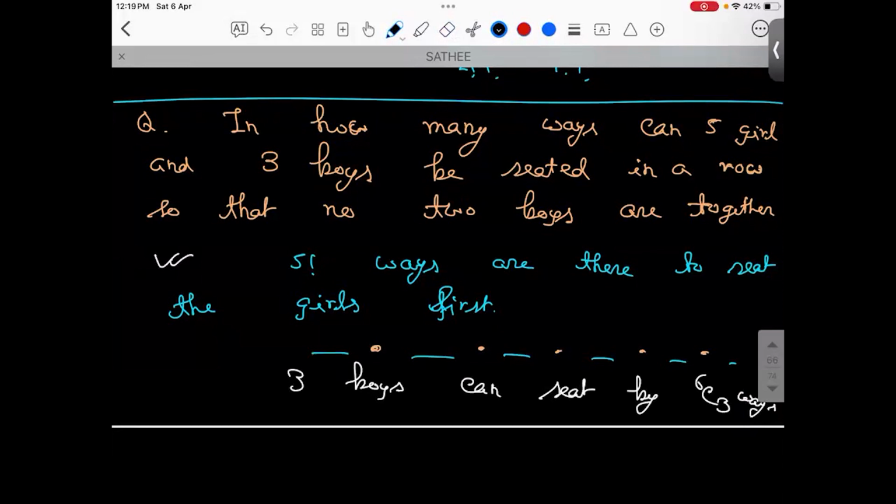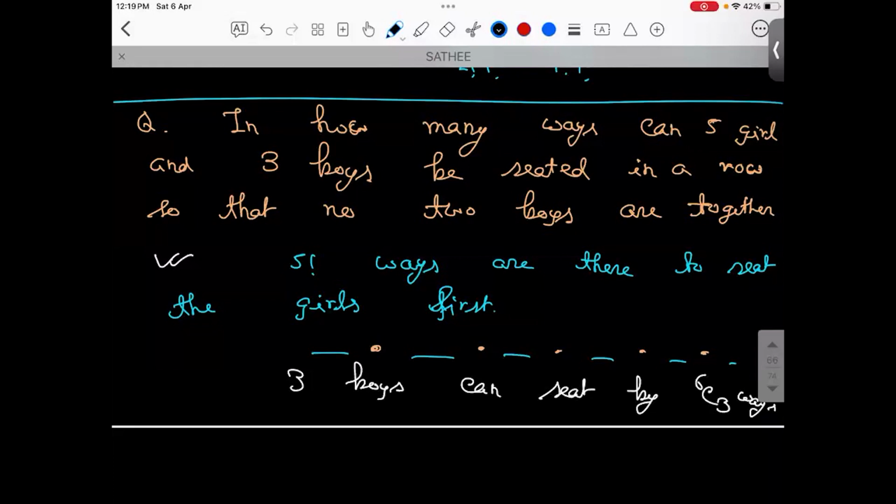Now, how can 3 boys sit there, not worrying about ordering? That will be 6C3.